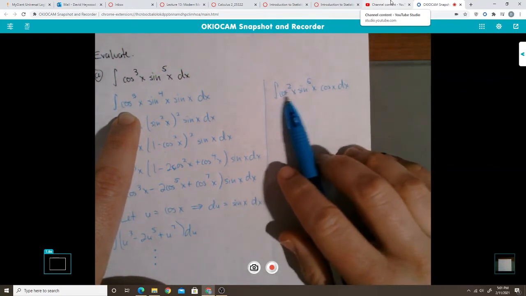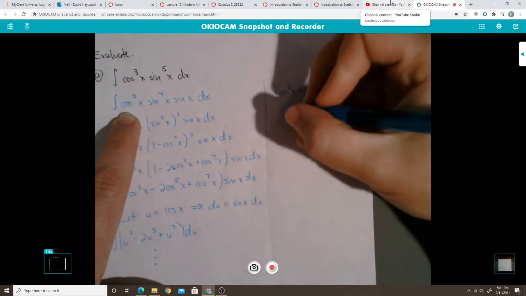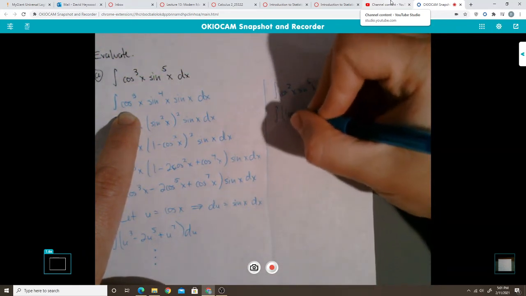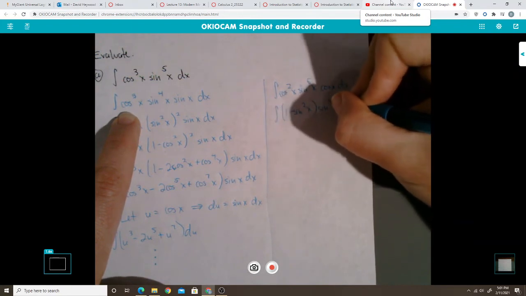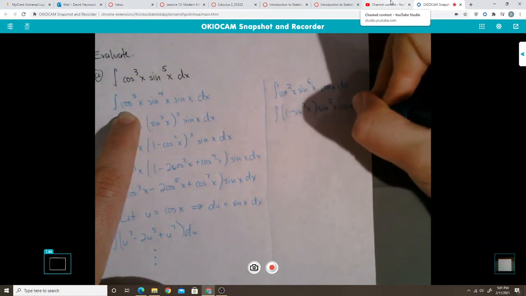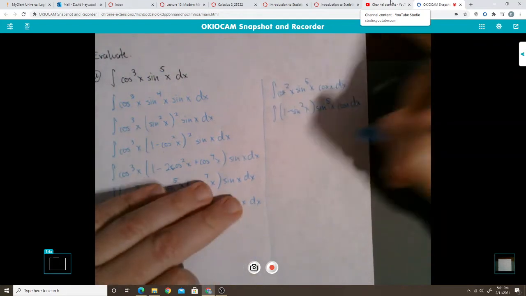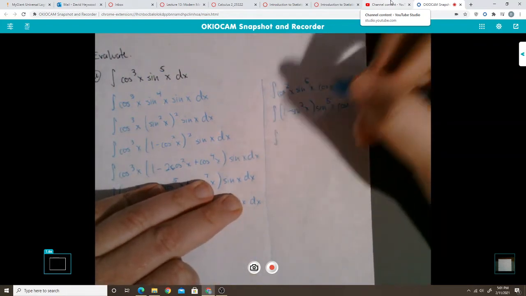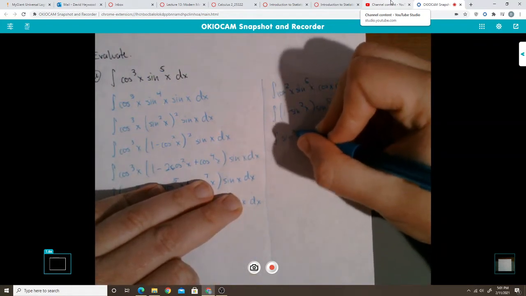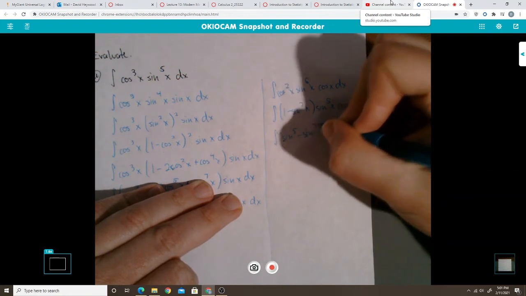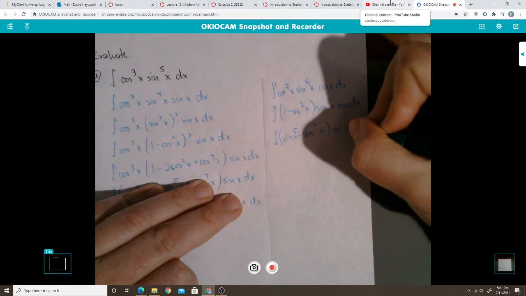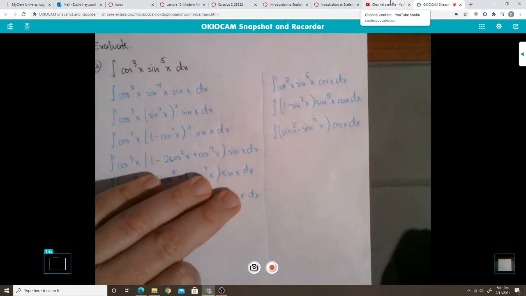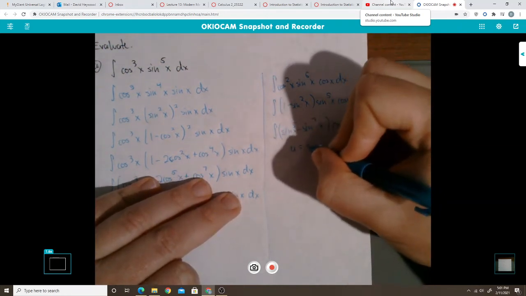And now this cosine squared I can rewrite as 1 minus sine squared, right? So I would get 1 minus sine squared, and then I would have sine to the 5th minus sine to the 7th, and then let u be sine x.